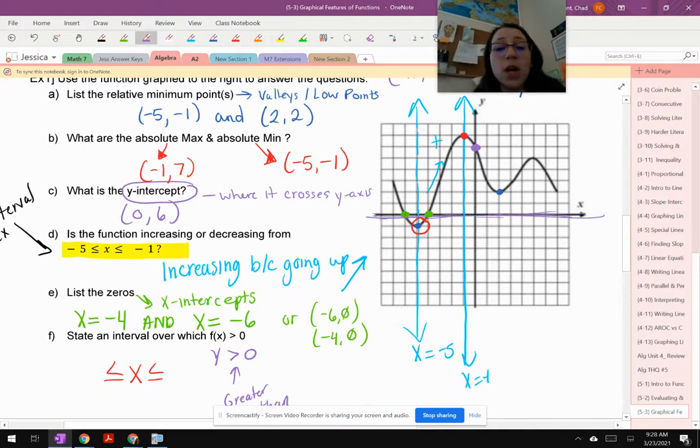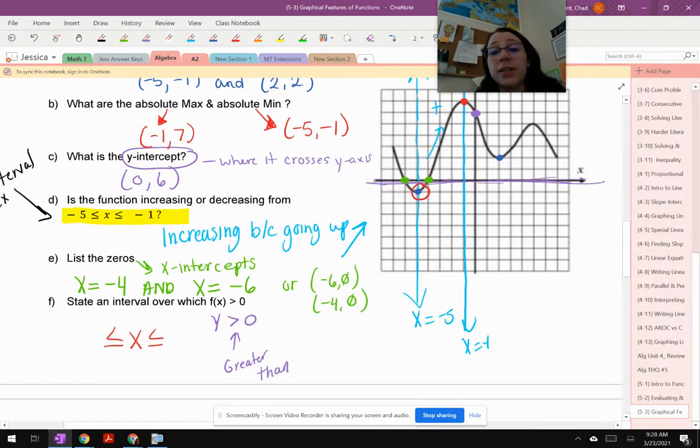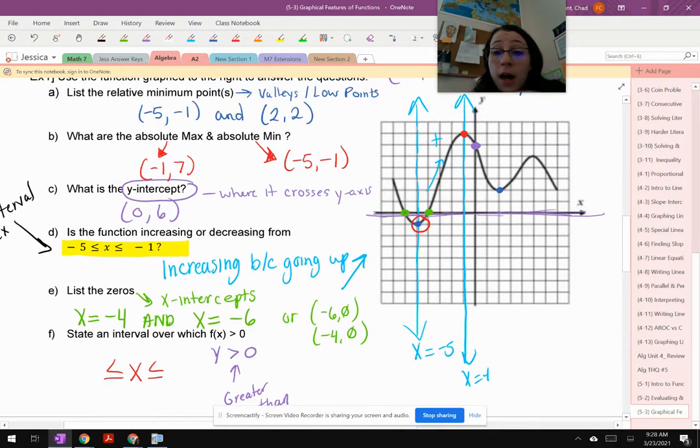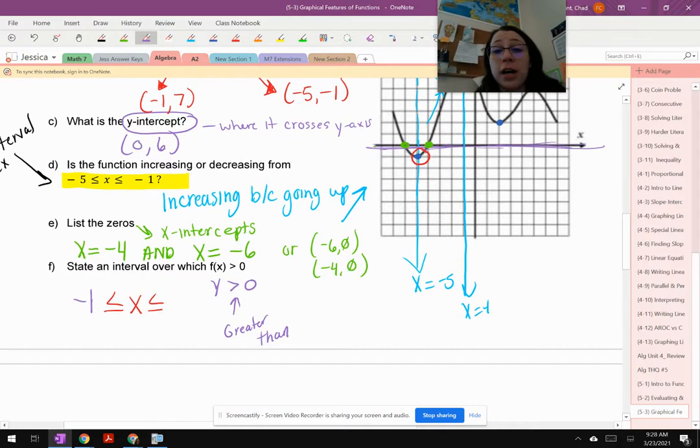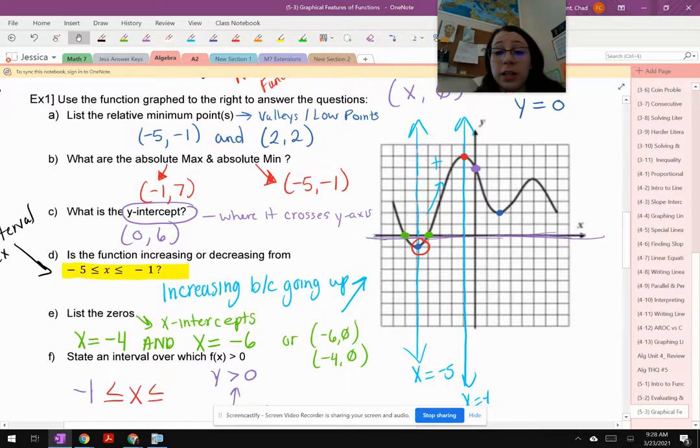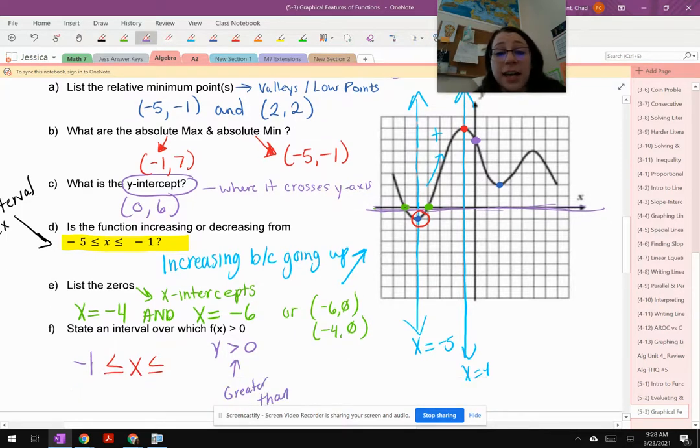So just pick some x values where that is greater than 0. I'm going to start right here at -1, because why not? And you could start it at -2, -3, -4, or -5, just not at -6 or -4, because that would be equal to 0, not greater than.